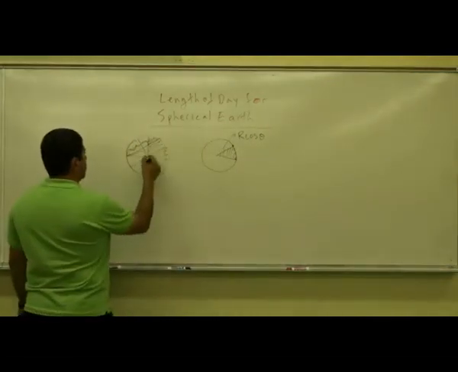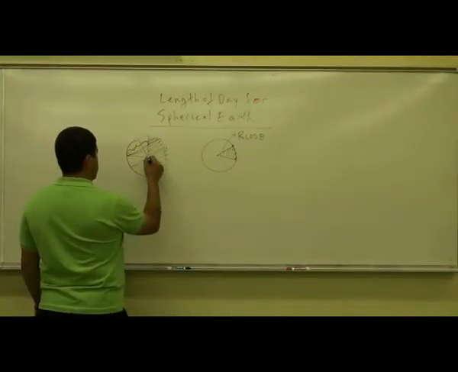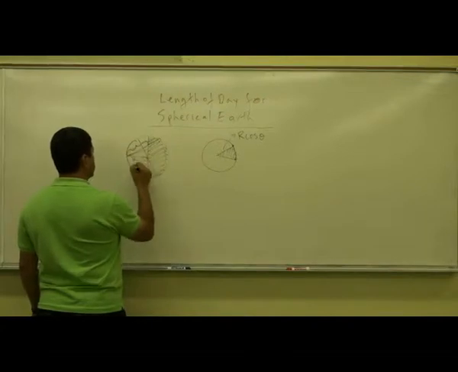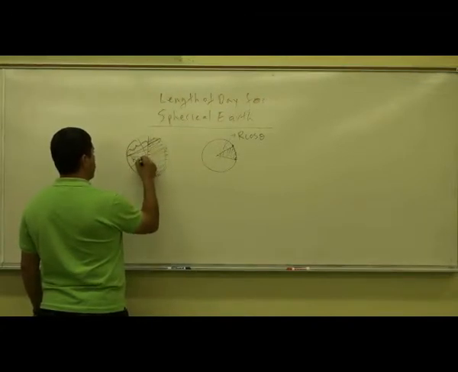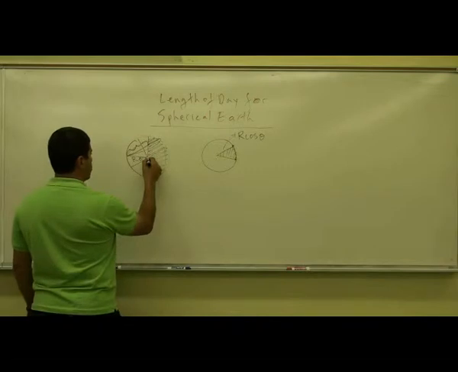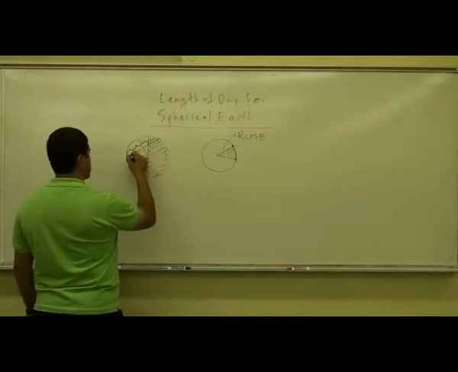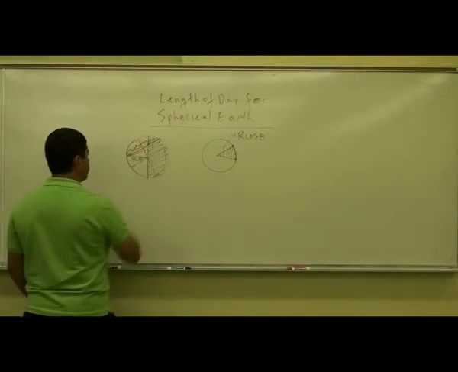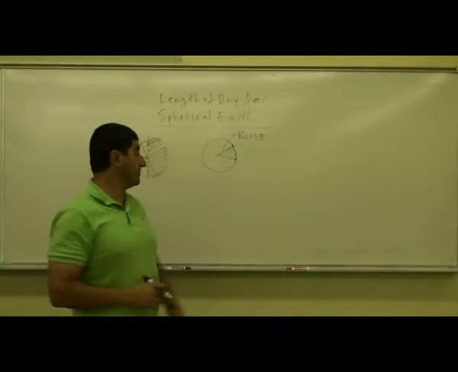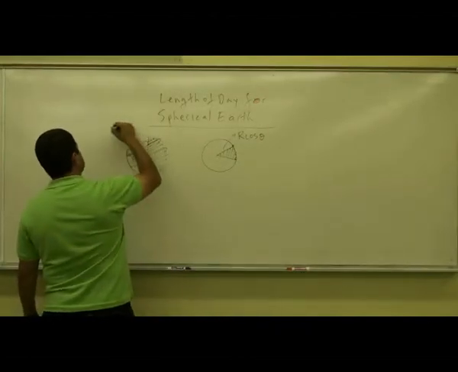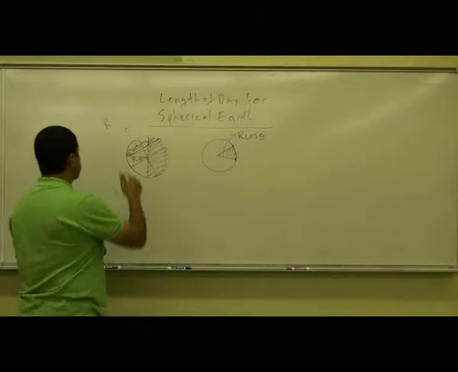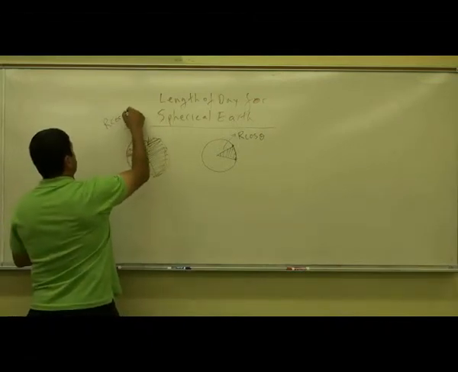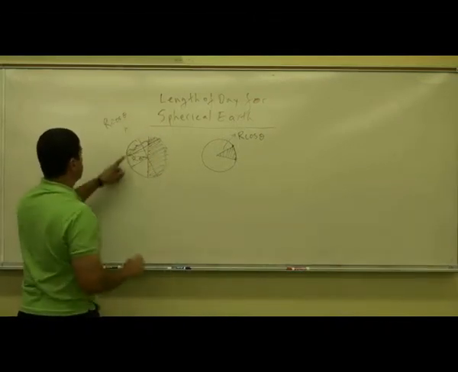Well, because from that video, we had calculated that if this is the radius of the Earth, and this is theta, then r cosine theta would be this thing. So it would give you the radius of this circle. We had already done that, and we had gotten r cosine theta was the radius of that circle.